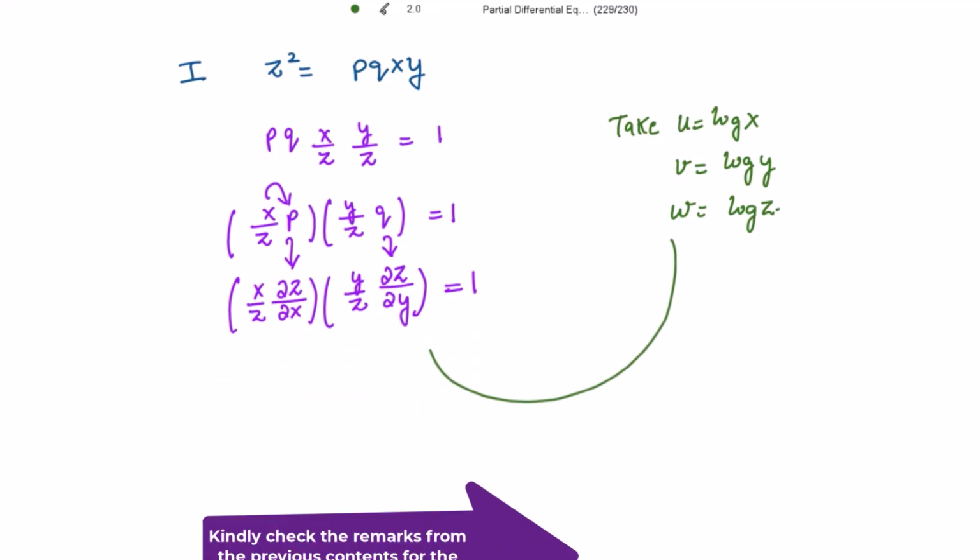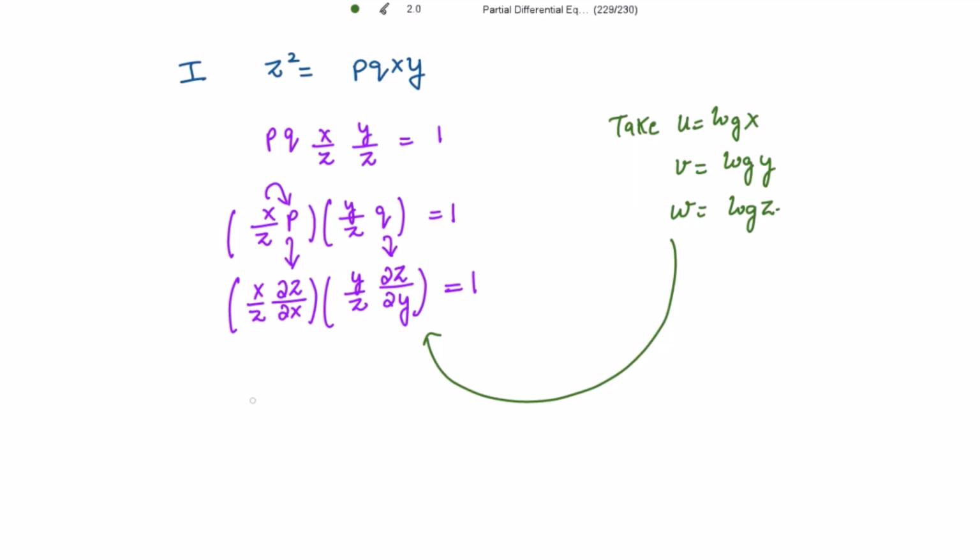So applying all these over here, what do we get? We have the partial derivative of z with respect to x equal to the partial derivative of z with respect to w, then the partial derivative of w with respect to u, then the partial derivative of u with respect to x.